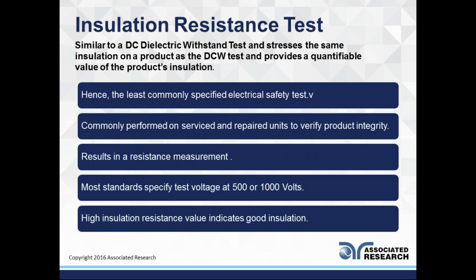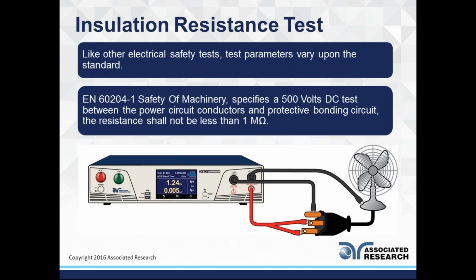Most standards specify test voltage at 500 or 1,000 volts, because the voltage isn't too important since you're just identifying what the resistance value is. Obviously, a high insulation resistance value indicates good insulation. Like other electrical safety tests, test parameters vary.